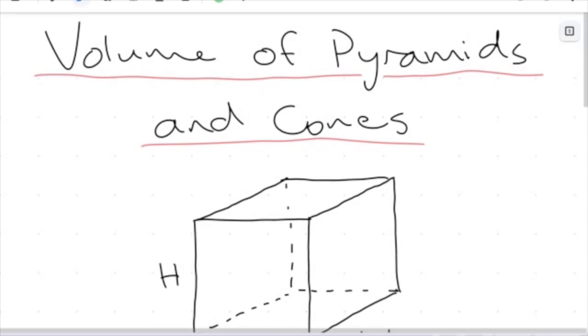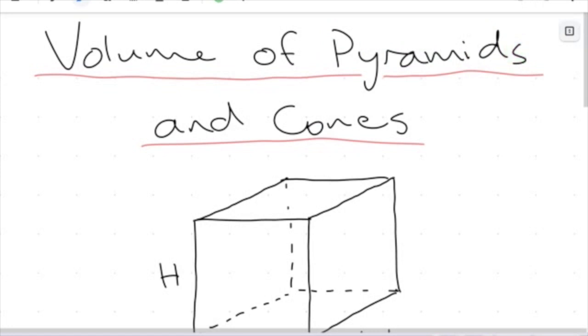Now, today we are moving on to look at volume. And as I've said before, as we progress through these courses, there's a lot of revision of stuff we've already done. So in this Year 10 measurement and geometry course, with volume, we are only looking at the newer things that we haven't seen before. These new shapes, such as pyramids and cones, which we'll be talking about in this video.